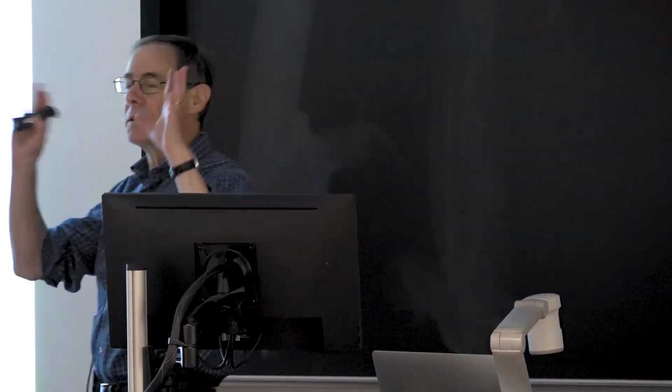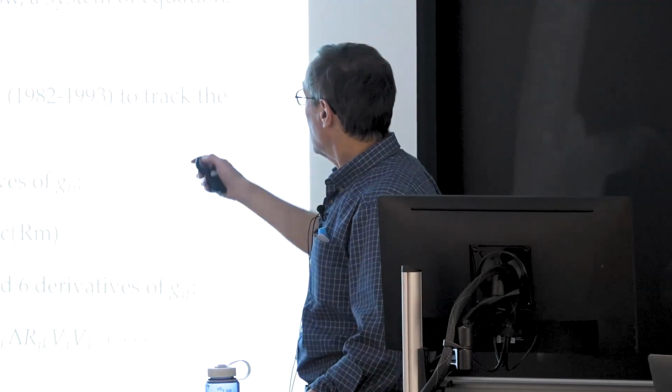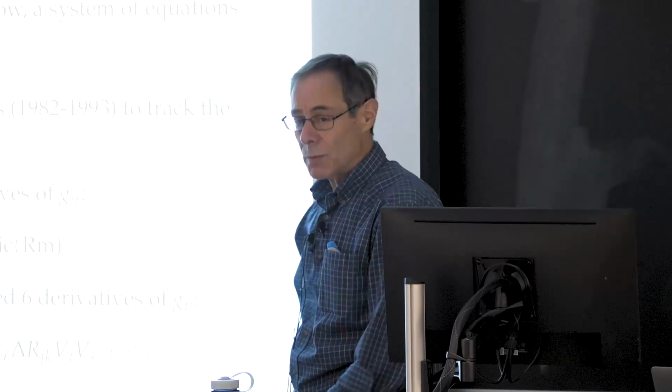So to get started, I'm going to tell you in one slide, roughly speaking, what types of formulas Hamilton uses. He basically starts with the metric, which is the first fundamental form of the surface, and he differentiates it with respect to time.